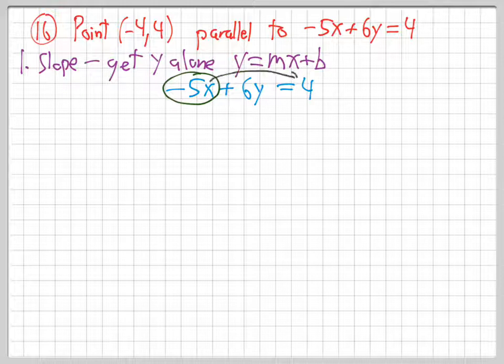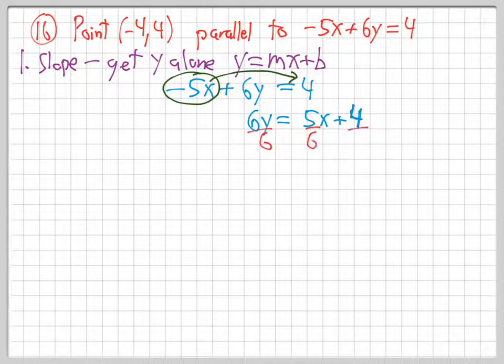Grab this and jump it over. And so 6y is 5x plus 4. Last step, divide by 6. Now, I don't care about reducing that 4 sixths or messing around at all, because all I did this for was to get the m. There's the m, there's the slope, right?